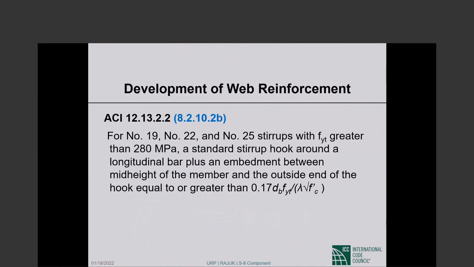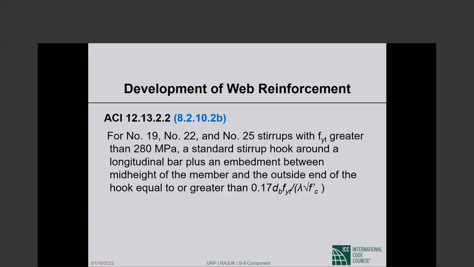For number 19, number 22, number 25 stirrups, f sub yt greater than 280 MPa. So now these are larger bars and kind of standard 60 ksi, not the old 40 ksi strength. A standard stirrup hook around a longitudinal bar, you have to have the hook, plus an embedment between mid height of the member and the outside end of the hook equal to or greater than the given quantity.